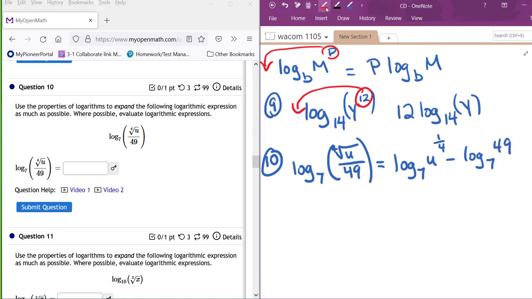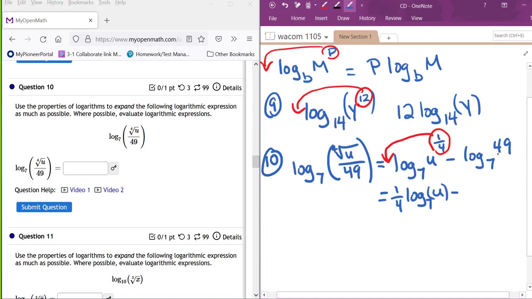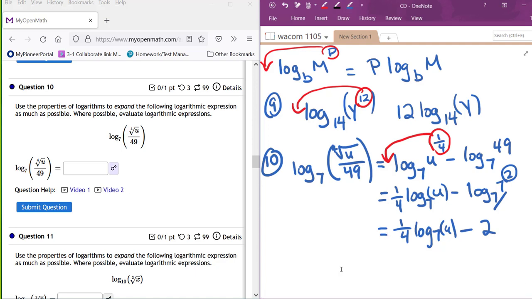So I can do a little work on both of those. The 4th will come down with our newest property. We'll have 1/4 the log base 7 of u minus, this one you can rewrite 49 as 7 squared. And then these are the same, so the answer to that piece is 2. So that would be our final answer. So good there.